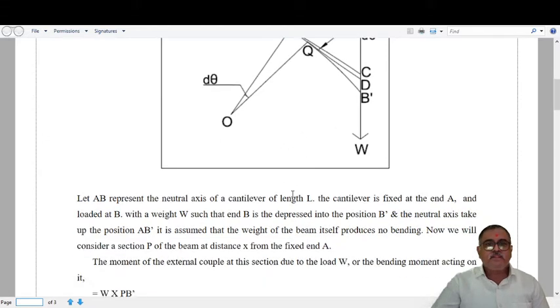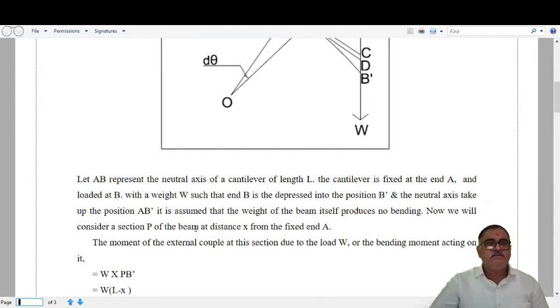See now, the same thing is written here: AB represents the neutral axis of the cantilever which has a length L. As we discussed, the cantilever is fixed at the end A, and it is loaded at B through the weight W, such that the end B is depressed into the position B dash, and the neutral axis takes up the position AB dash.